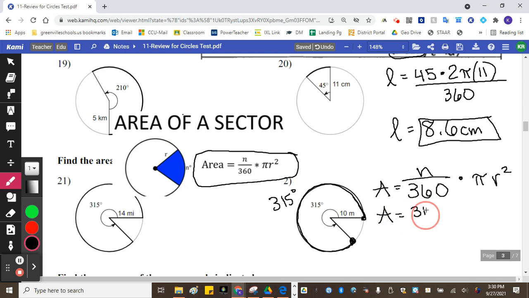Area equals 315 divided by 360 times pi, r is 10, squared. Again, I plug it all in the calculator at once so you're less likely to mess up.